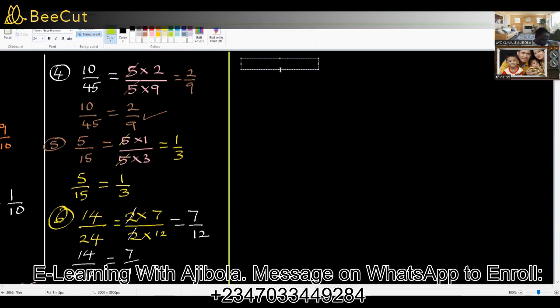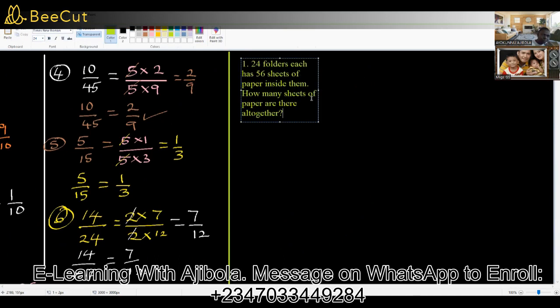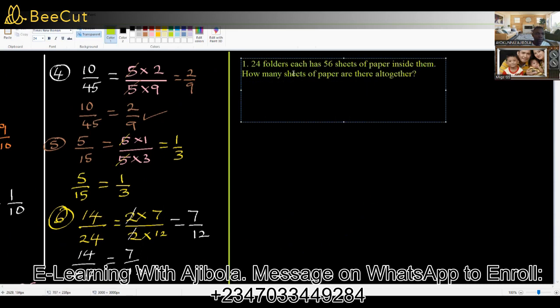So let's assume, instead of having 24 folders and whatever sheets, let's say there are 120 sheets in 15 folders altogether, okay?